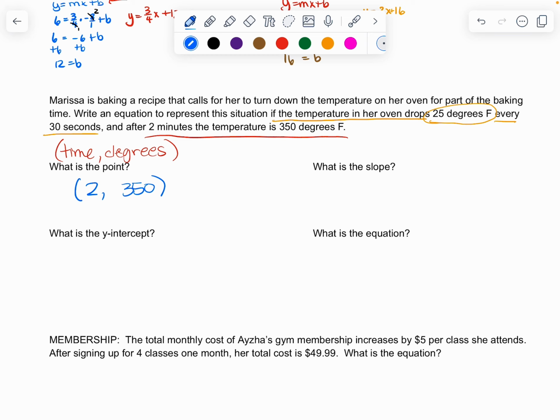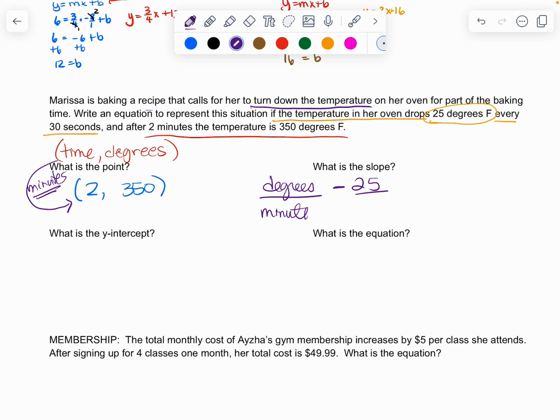What is the slope? Now, before I go to the slope, this time that was right here was in minutes. So I want this to be degrees per minute. So if I start with the degrees, it goes down. The baking recipe calls for her to turn down the temperature.